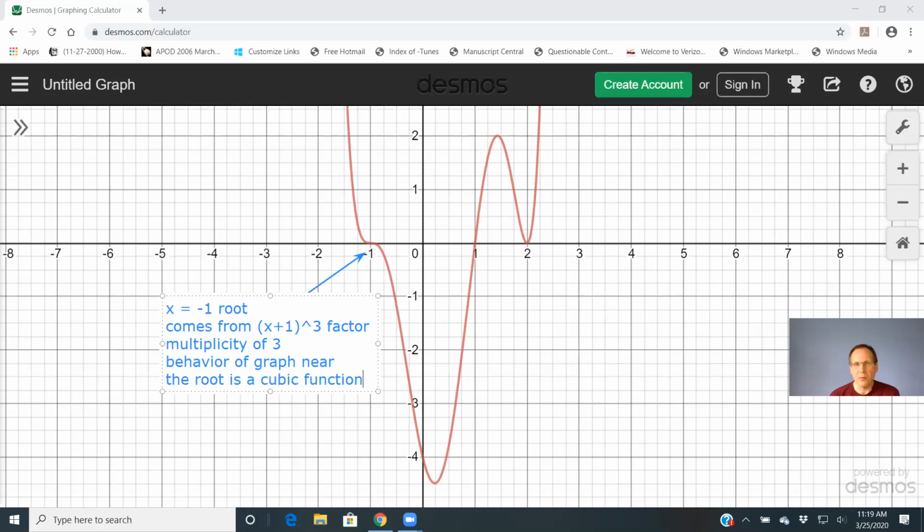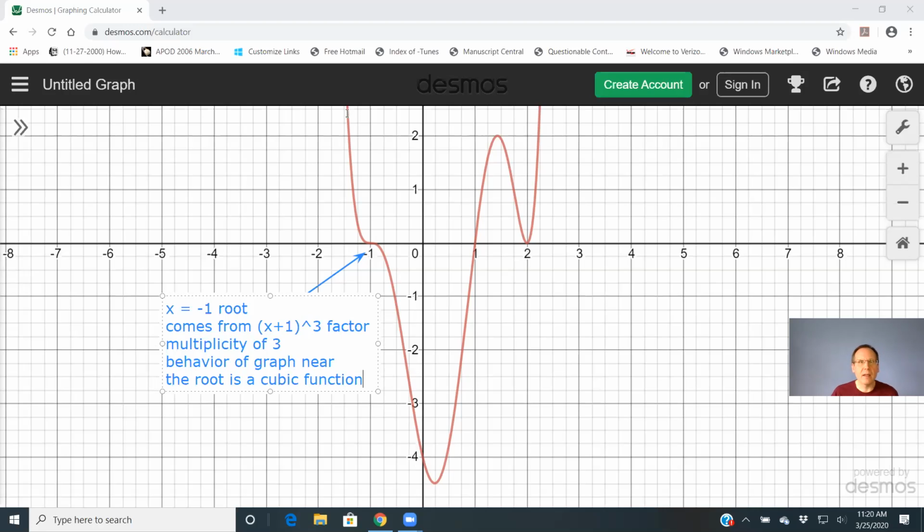Very close to that root, it looks like x cubed. Okay, then let's look at the other two roots. This is exactly what we found: one root at x equals -1, one at x equals 1, and one at x equals 2. And we found that the vertical intercept, the y-intercept, was at (0, -4). So that's passing through (0, -4), so it's the correct graph.